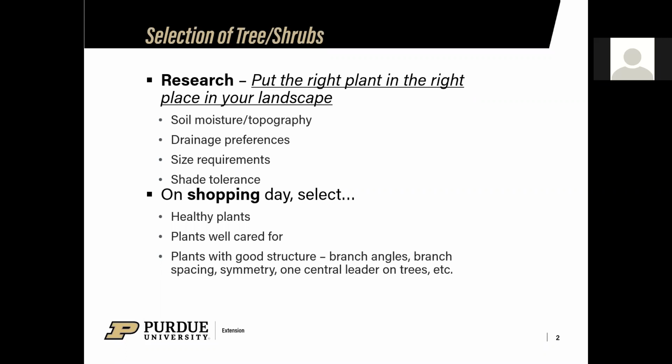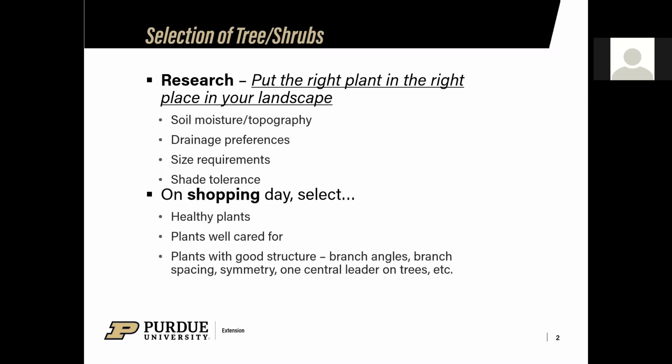When you're out looking for plants, I have a list there on the screen of things that you need to look for. Make sure that plant's healthy, that it's been well cared for. You can tell by the way the leaves look. Is there leaf scorch where that plant may not have been watered properly on the sales lot? It might be dried out, or drying out, the leaves scorching a little bit.